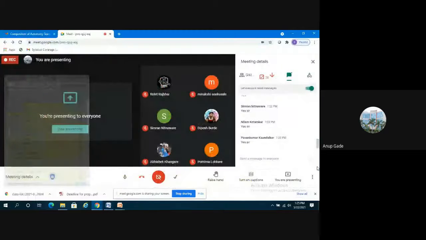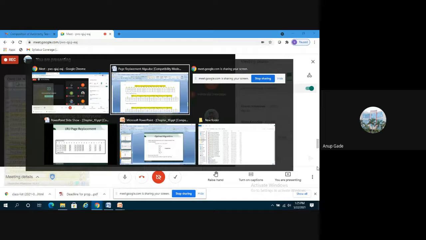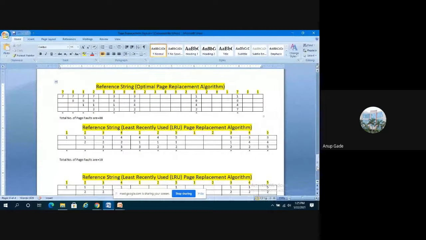This is the homework for all of you. Tell me how many page faults occurred with 3 frames and 4 frames when the string is this particular one, the 701 one.